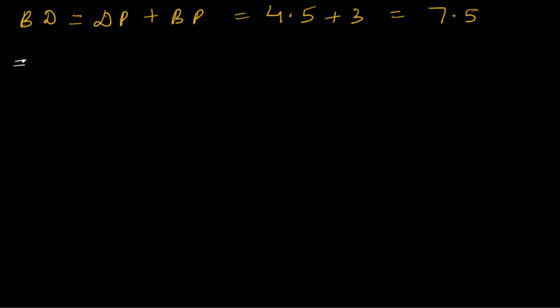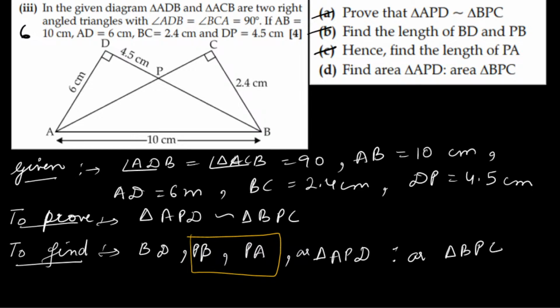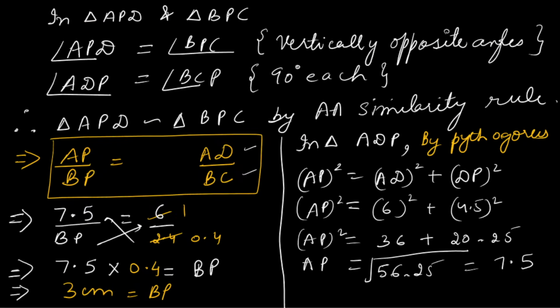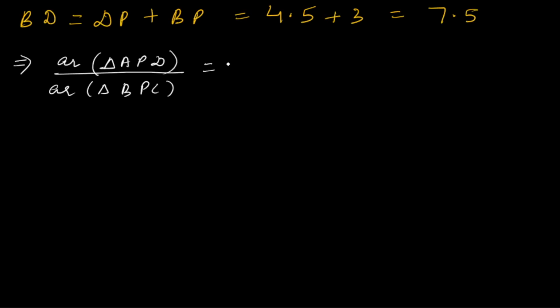Whenever we have to find this, we know this thing: APD and BPC, these are two similar triangles. The ratio of the areas of two similar triangles is equal to the ratio of the squares of their corresponding sides.